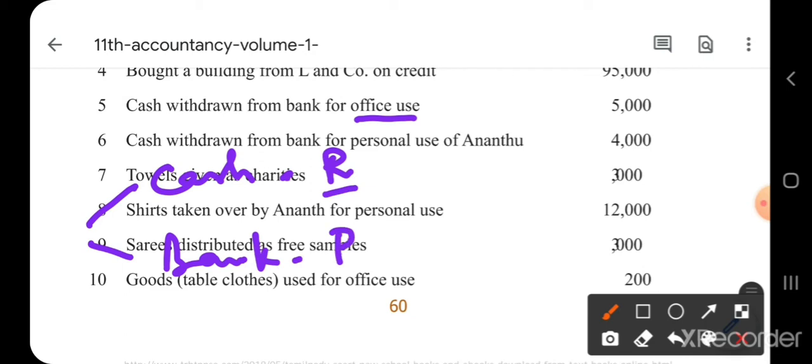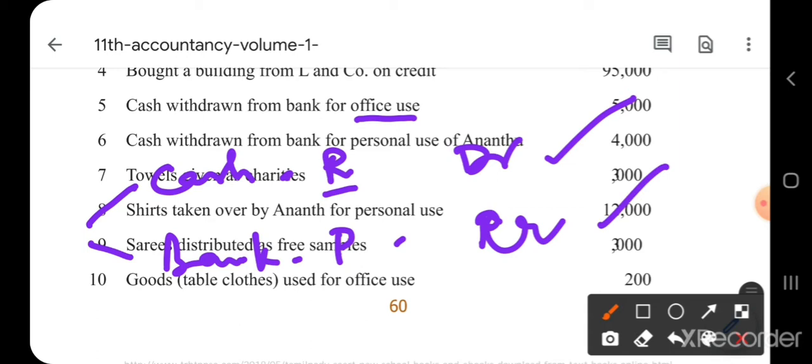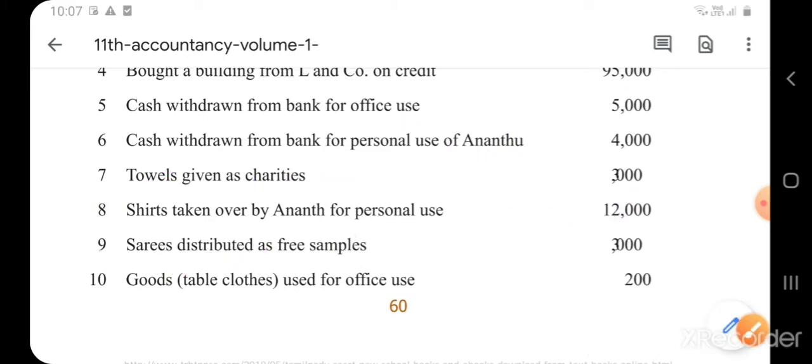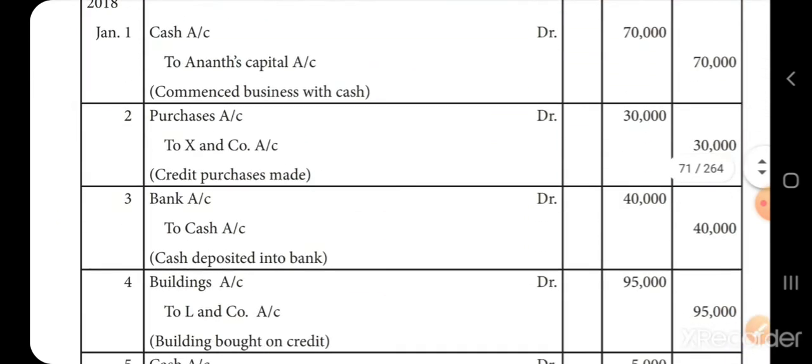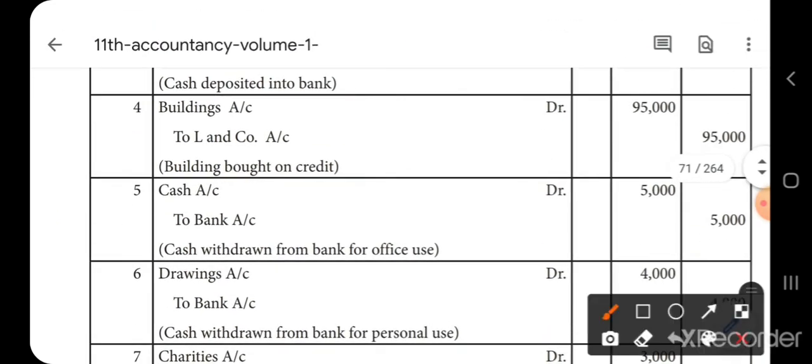Here cash is coming into the business, so you debit cash. Okay. Who is the giver? Credit the giver. Bank is the giver, so you credit his account. So cash account debit to bank account is the entry. Okay. Fifth, date 5. Here, cash account debit to bank account.